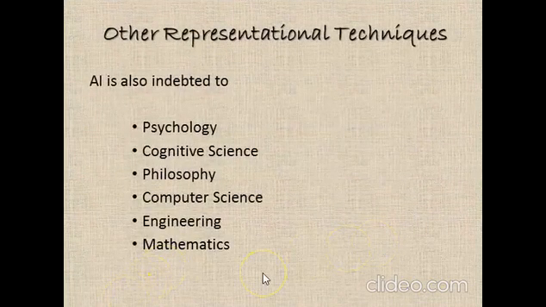They are only a few among many. Then it is also indebted to psychology, cognitive science, philosophy, computer science, engineering, mathematics, and these subjects can go on, like medicine, then agriculture. Likewise, everywhere AI is being used. We have seen all these things before.